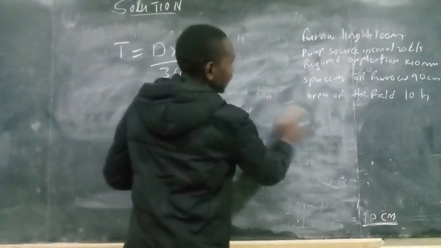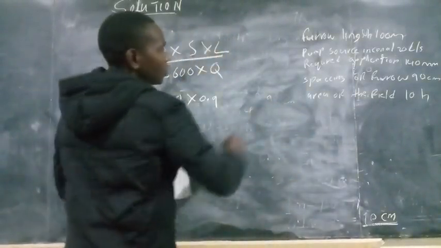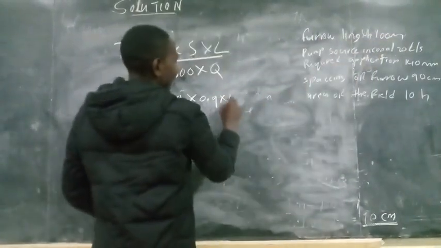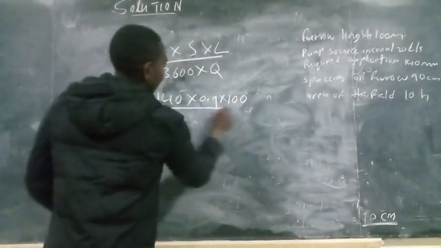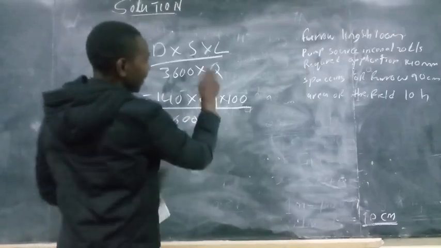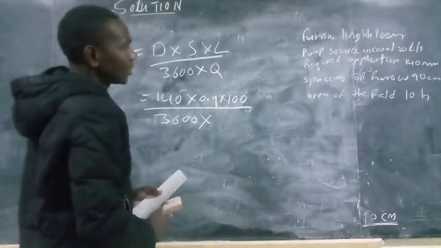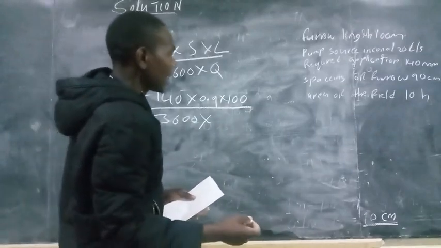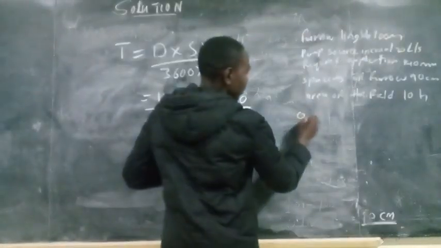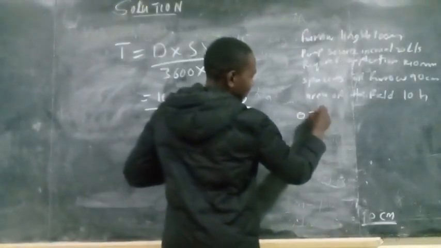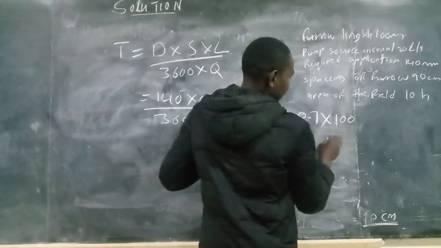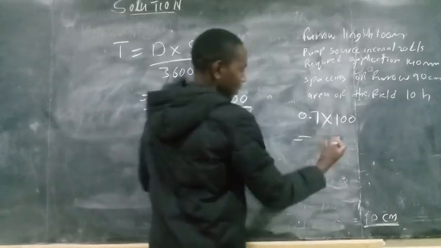Then the length of the furrow, according to our data, is 100 meters over 3,600 multiplied by Q. How we find our Q is, according to our data we've been given, our Q is 0.7 times 100, which will give us what?